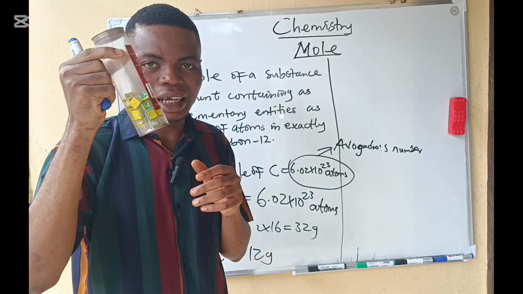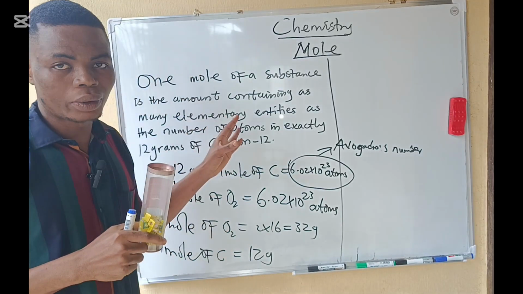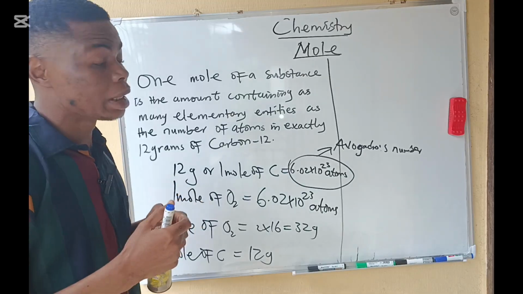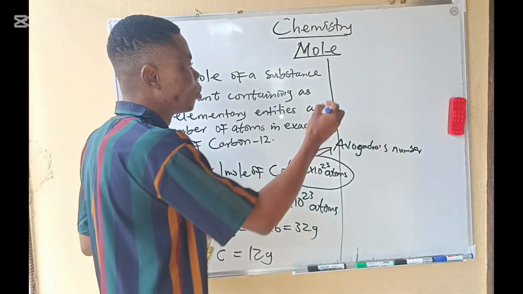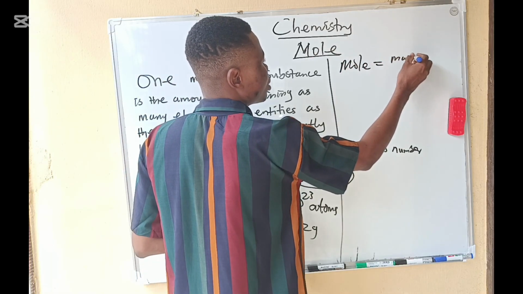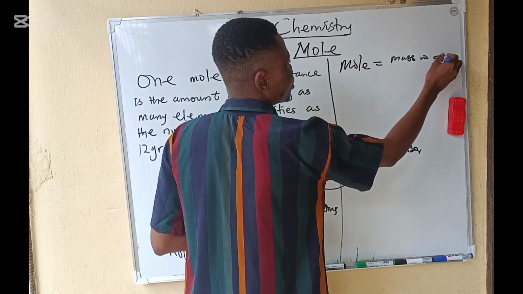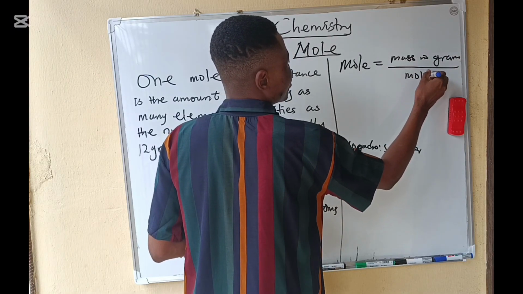That is what we mean in chemistry. Now, for this mole, we have formulas for calculating moles. But sometimes if you don't want to use a formula, you can always use this method. Mole can be calculated as mass in grams over molar mass.